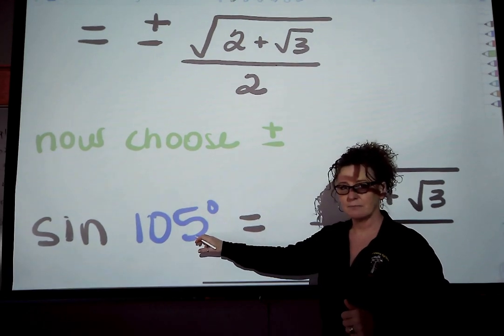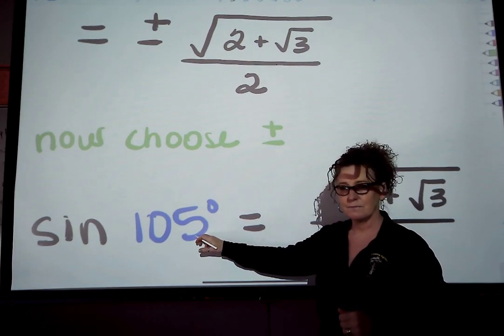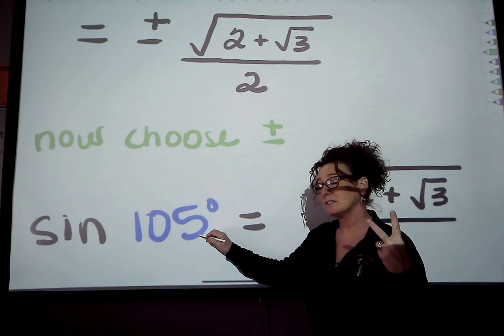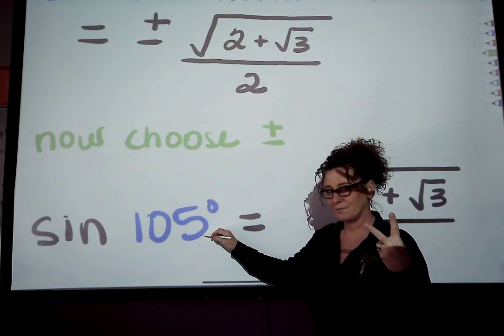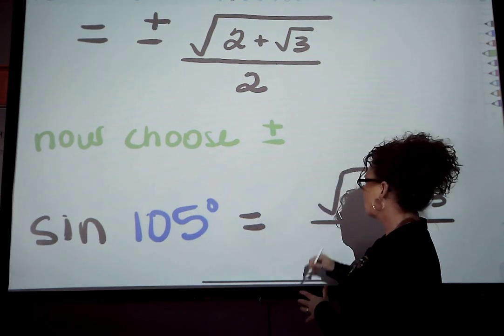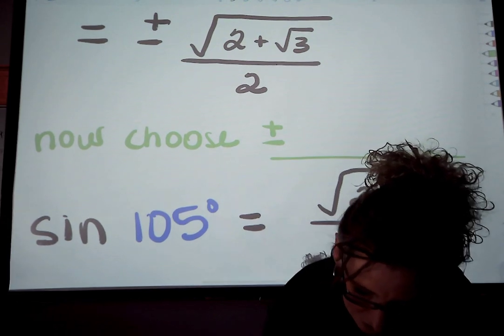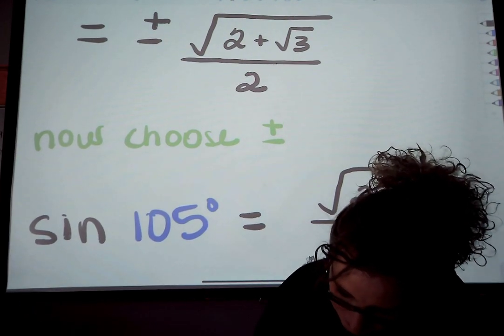Which quadrant is it in? Quadrant 2. So are sine fractions positive or negative in quadrant 2? They are positive. So I could write a plus here, but that's not necessary. I'm just going to leave it like that, circle it, and there's my answer.